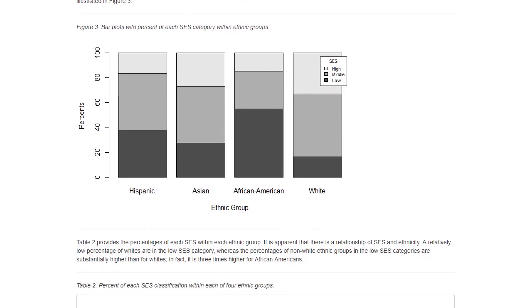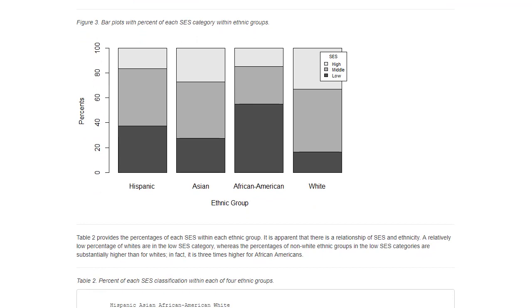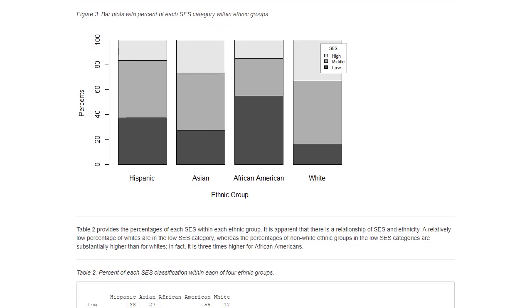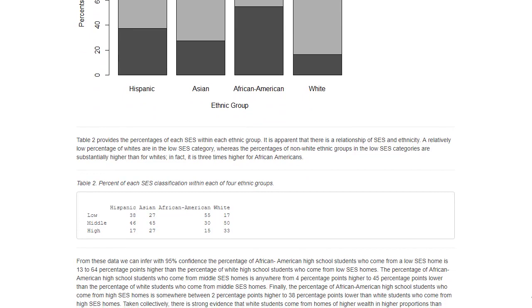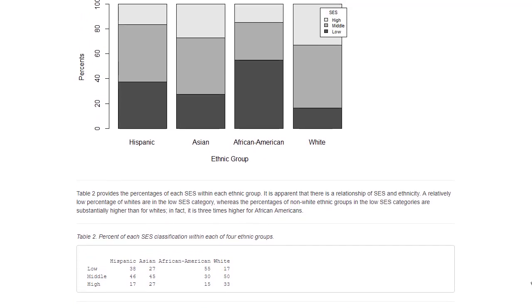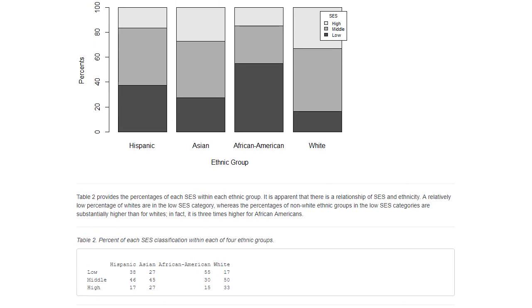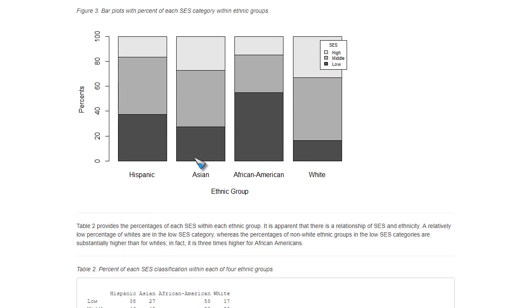Finally, that brings us to the third section of the analysis, in which I look at the difference in proportion of SES category within each of the ethnic groups. Now, if you look here at this bar graph, the stacked bar plot, note that there are many different pairs of proportions that I could compare.